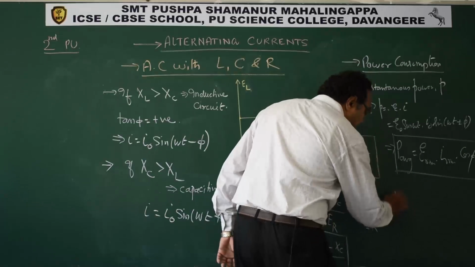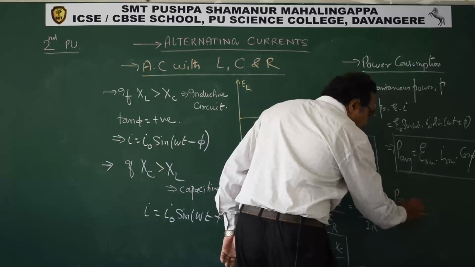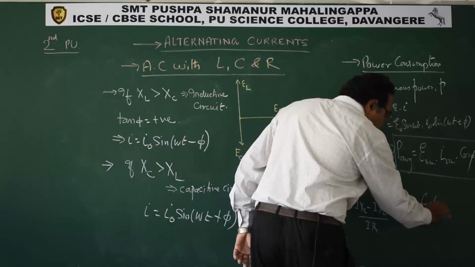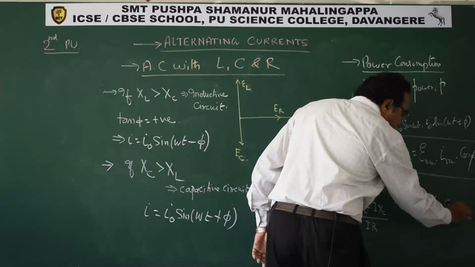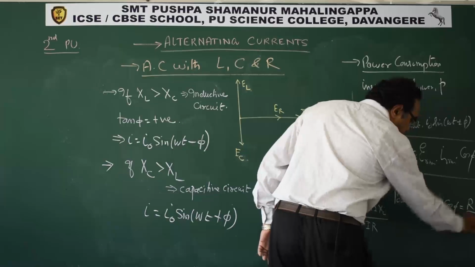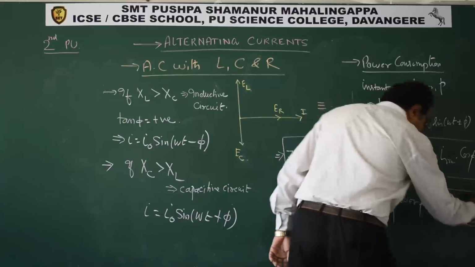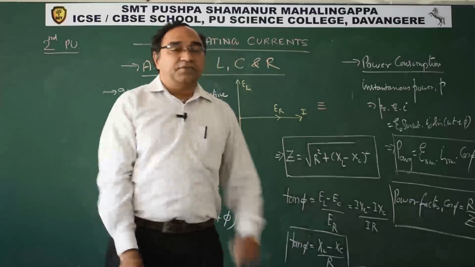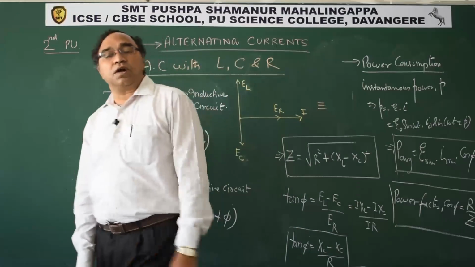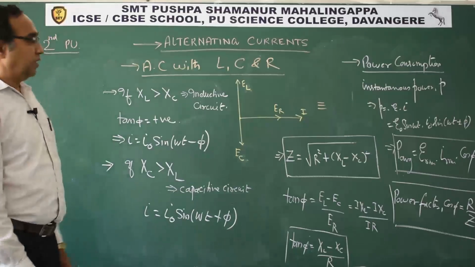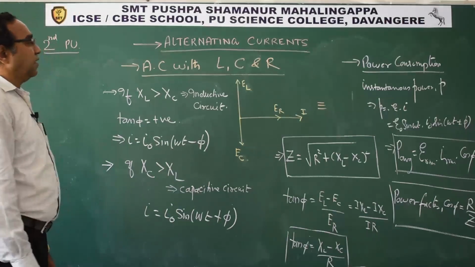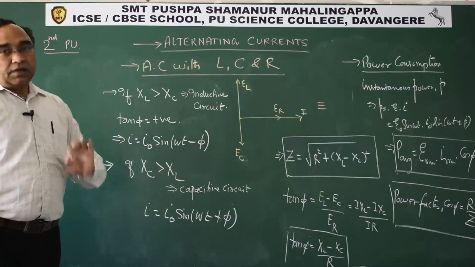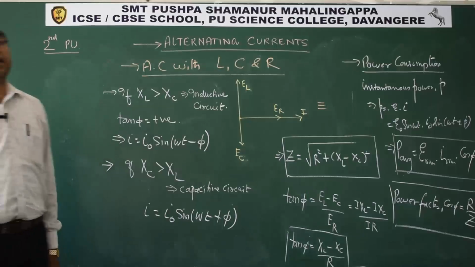Cos phi is known as the power factor. Power factor cos phi is R by Z. This is universal. Z will depend upon what all components are there in the given AC circuit. That is exactly how any AC circuit can be analyzed.